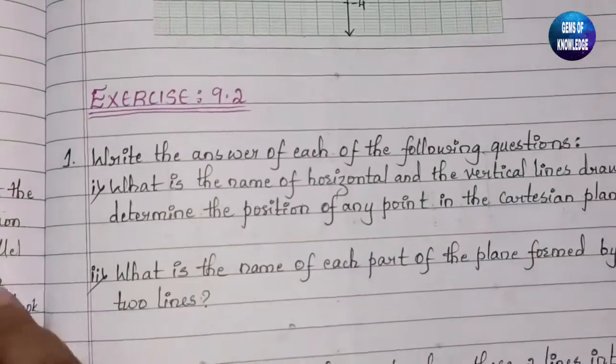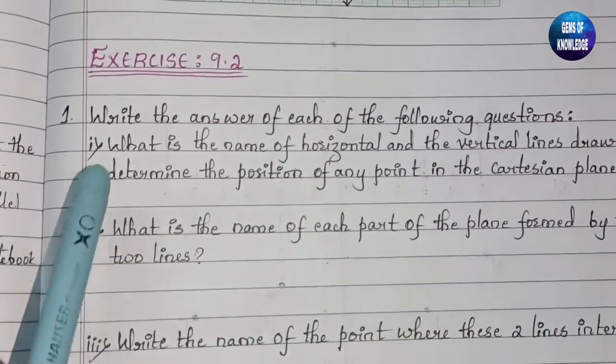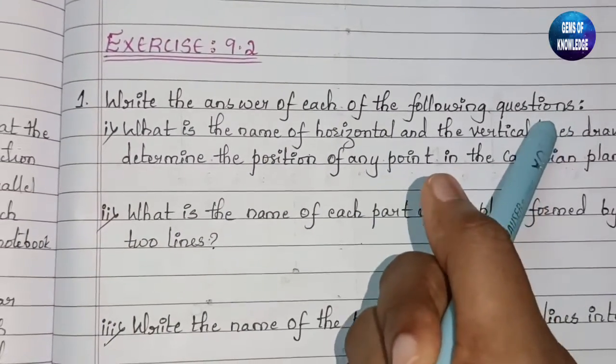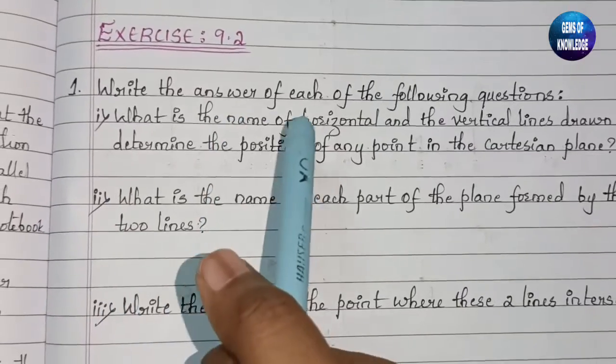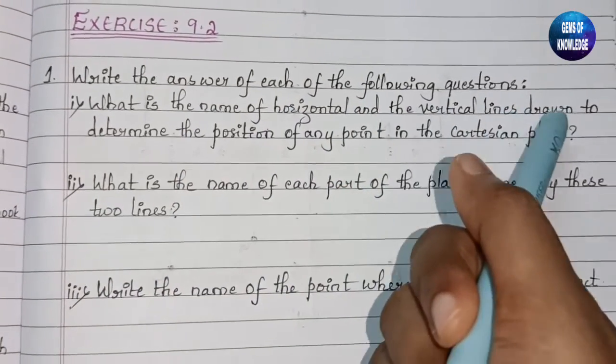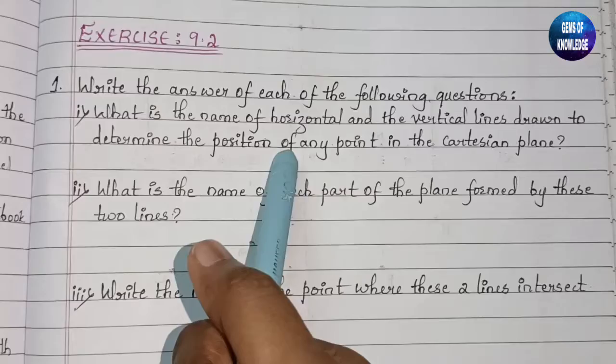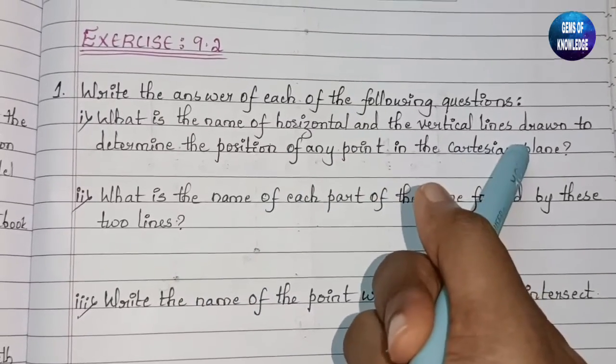So here the first question is given as: write the answer of each of the following questions. The first one is, write the name of the horizontal and vertical lines drawn to determine the position of any point in the Cartesian plane.